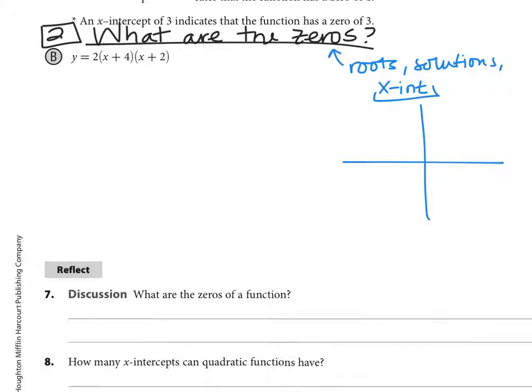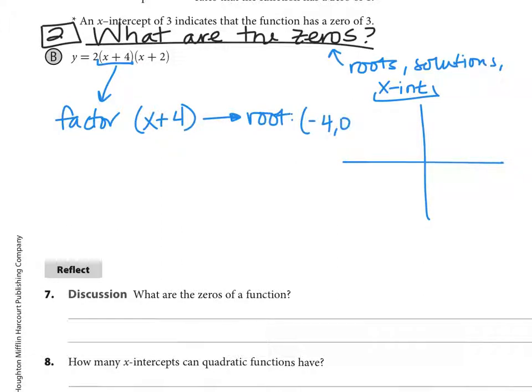So, if you remember, in this example, what I just told you is that everything in parentheses is called a factor. So I've got this factor that is x plus 4. And roots come from factors. And think about when we do vertex, anything that's inside the parentheses makes you think opposite. So the factor x plus 4 gives you a root of negative 4, 0.